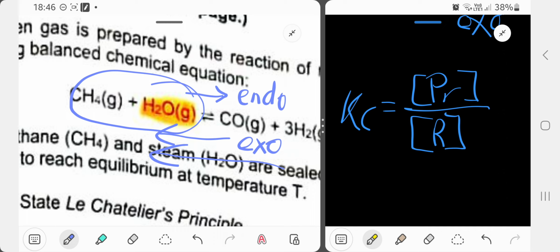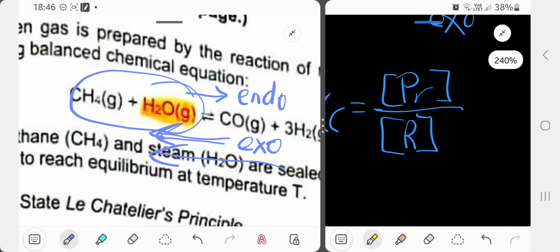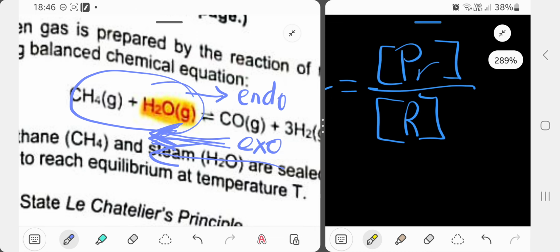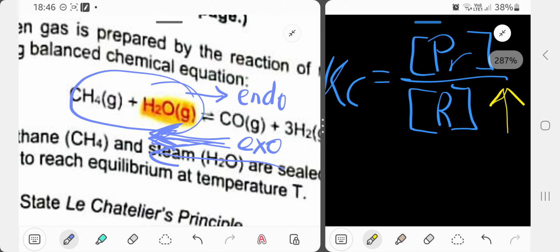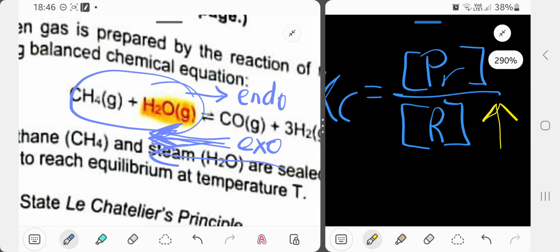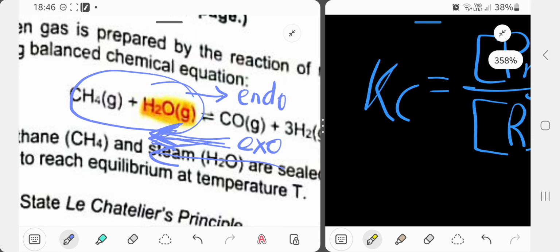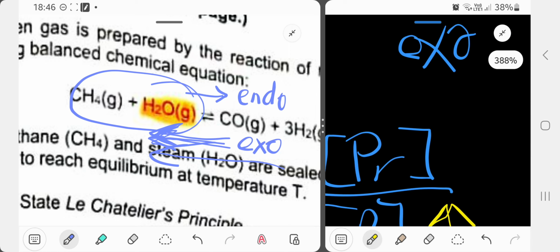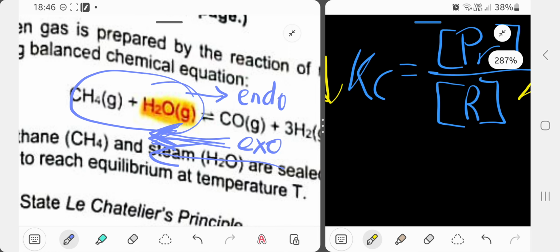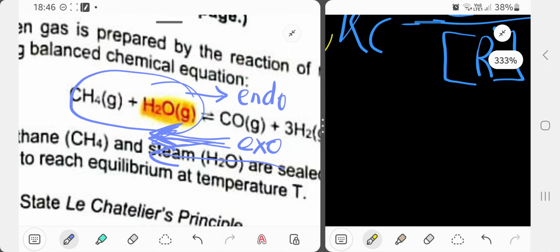Now if more reactants are being formed because the exo was favored, it means that the reactants' concentration will go up. And just understand something: I have a number and I increase the denominator, it means I'm decreasing the whole fraction. Does it make sense?